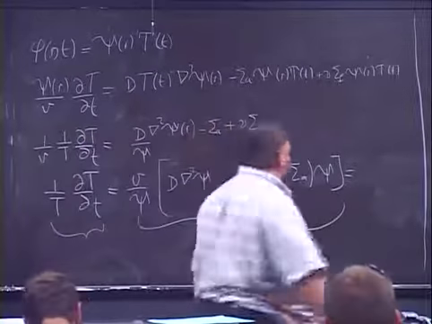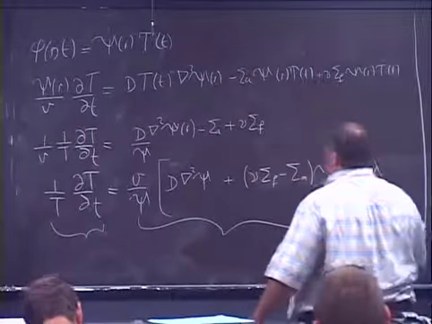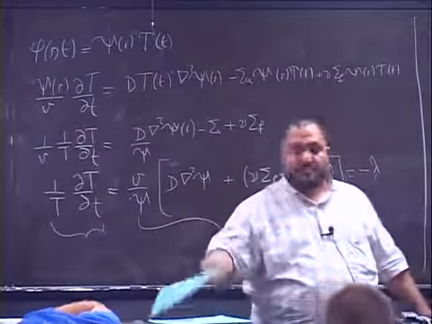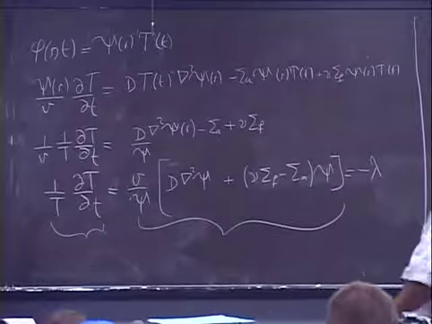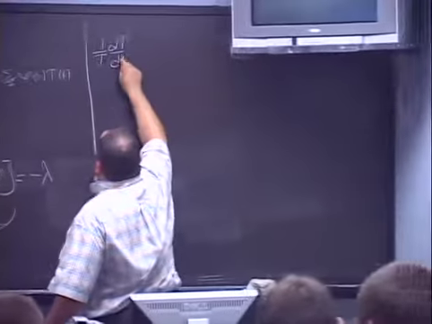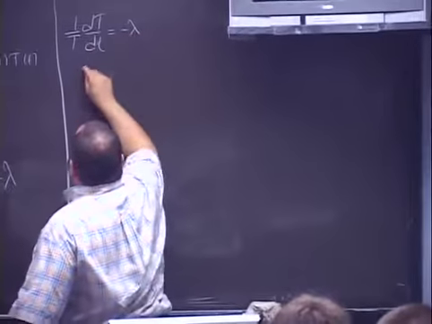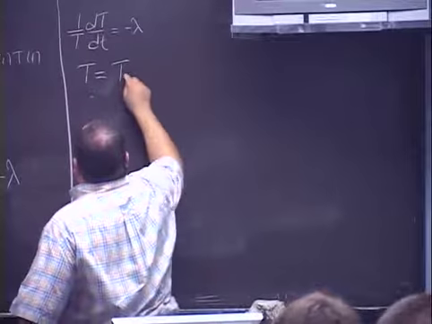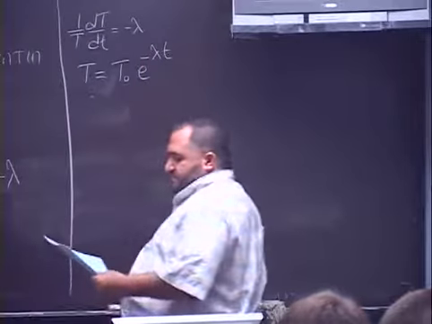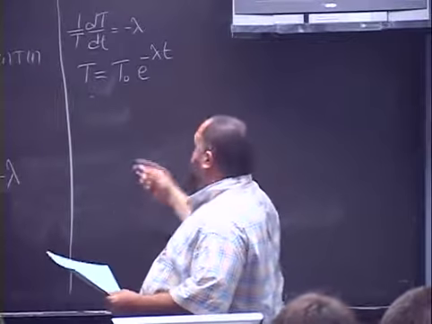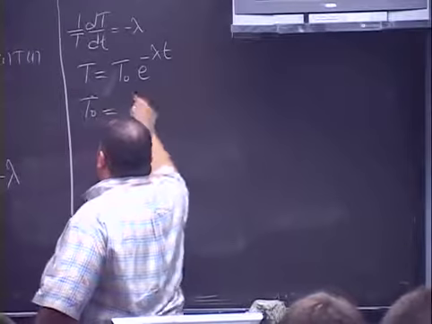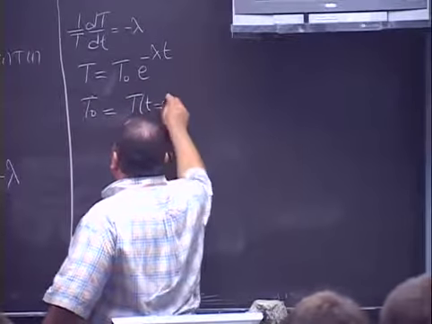In this case I would call this constant minus lambda. Then when you try to solve, the first equation will be 1 over T dT by dt equal to minus lambda, and this gives the solution T equals T naught e to the power of minus lambda t, where T naught is T at t equal to 0.